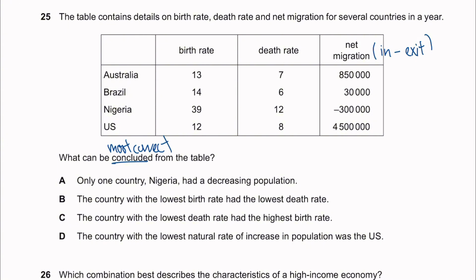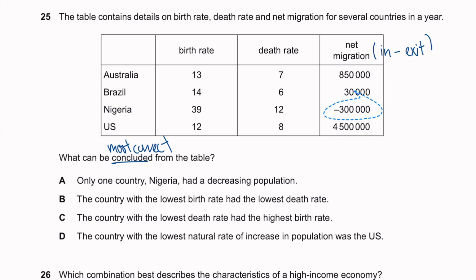We can see Nigeria has a negative net migration. Only one country, Nigeria, had a decreasing population. Actually, this is a bit confusing, because you see that net migration is reduced, so there should be a decreasing population.